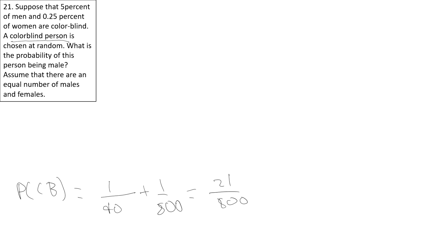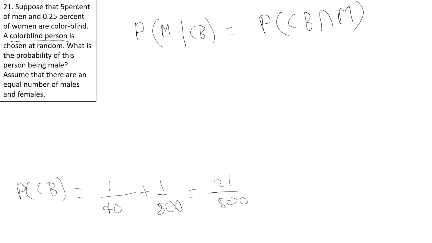So what we know from this is that the person is already colorblind, and it has been asked whether it is a male. So P(M given CB), like Bayes theorem, right? So by Bayes theorem, this is P(CB intersection M), colorblind and male, by P(CB).